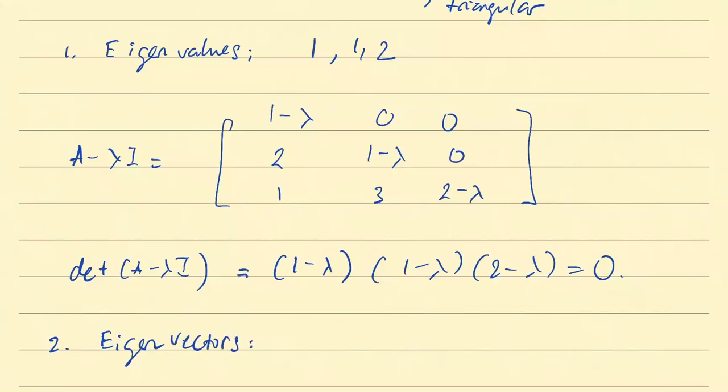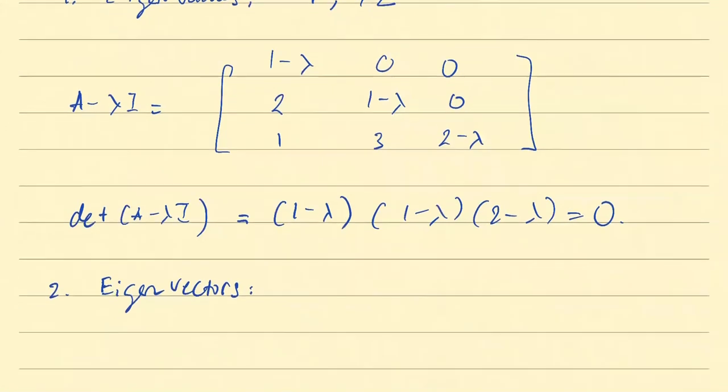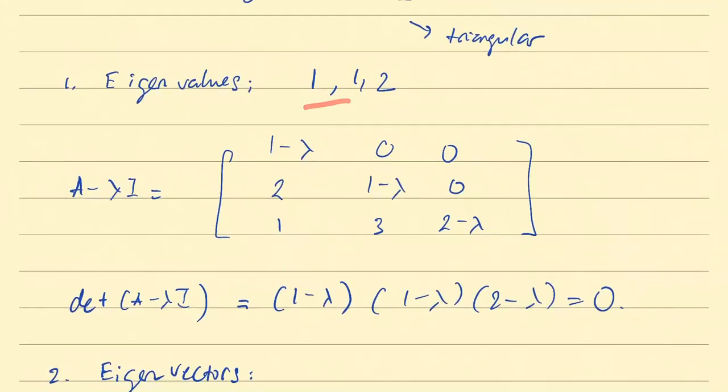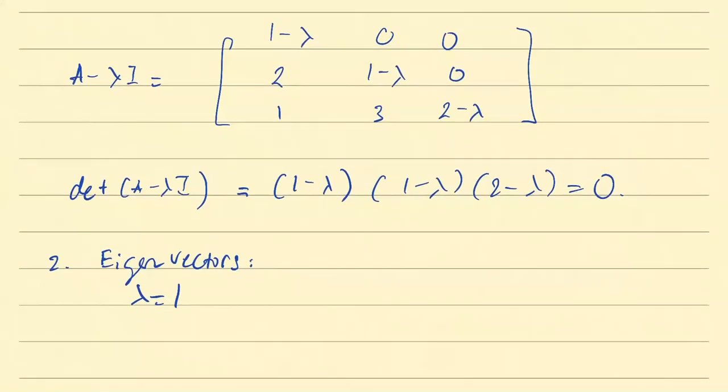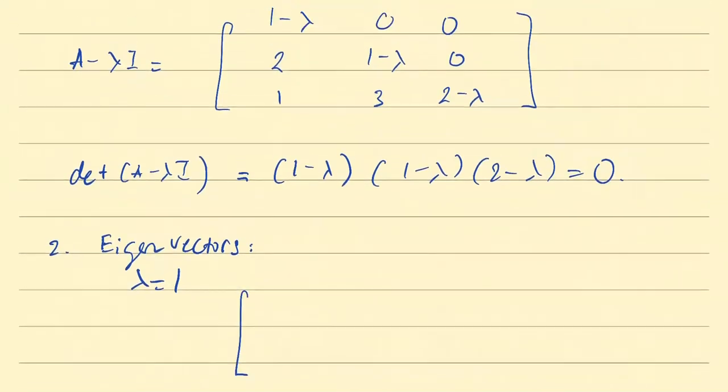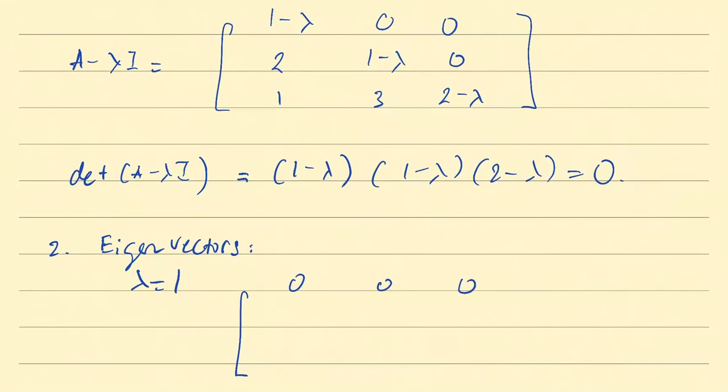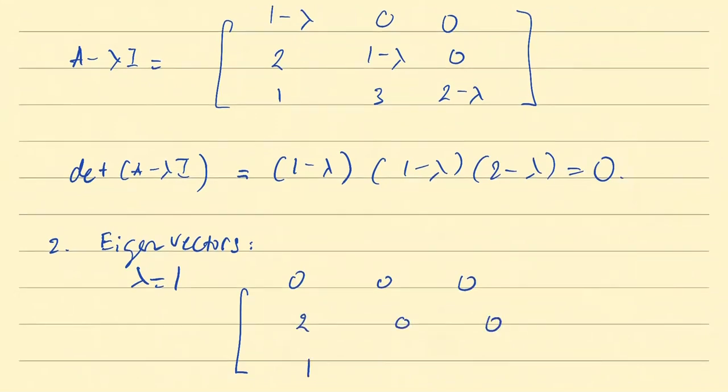So eigenvectors. Technically speaking, you have 3 eigenvalues, but this is a case where I say it's repeating. But this repeating is not hard, because if you plug in, you get 0 0 0, 2 0 0, 1 3 1.